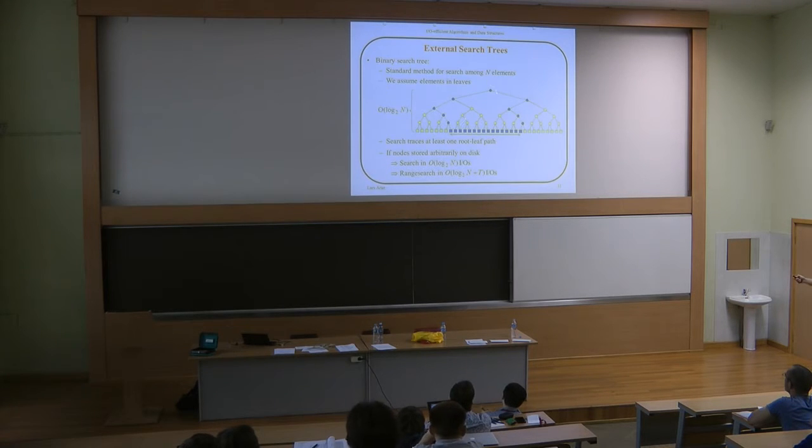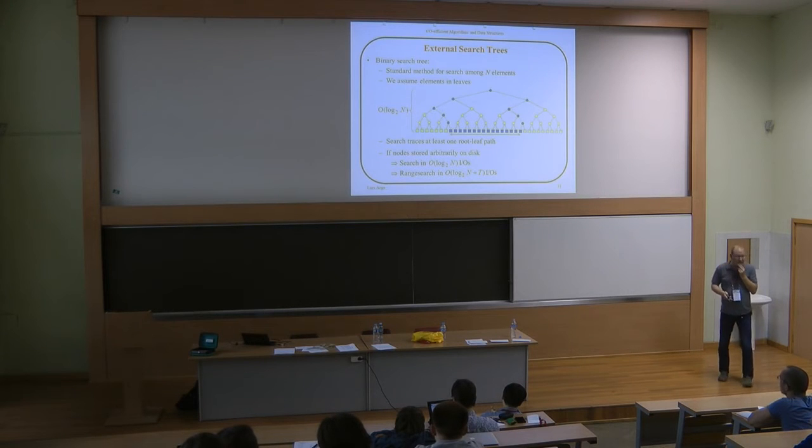Because I'm going out to disk getting this node, and if I'm not careful, the other stuff that I get from disk is somewhere else in the tree. So every time I take a step here, I'm going to spend an IO. Similarly, every time I take a step down here in the leaves, I'm going to spend an IO. So performing a range search is going to be log n plus t, which is not what I want, obviously.